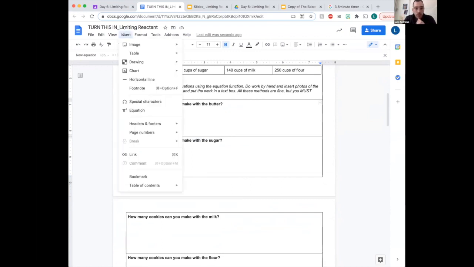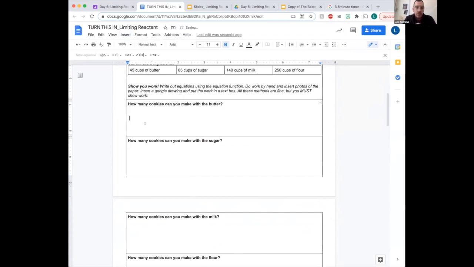Or you could use the insert equation and type the equation out like that. I don't care how you do it, but I need to see the numerical setup. Okay, I don't want to see just a final answer because I'm going to give you the final answers. Okay, I want to see your numerical setup so you can show me that you're going through the steps correctly.